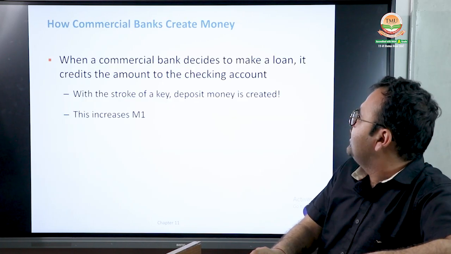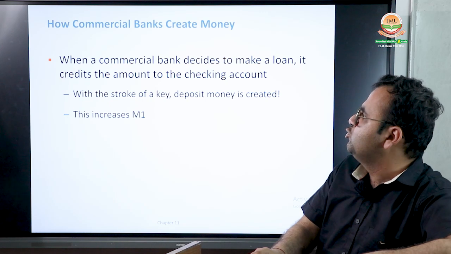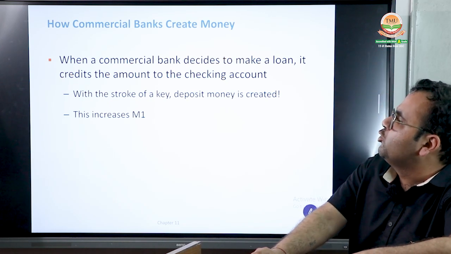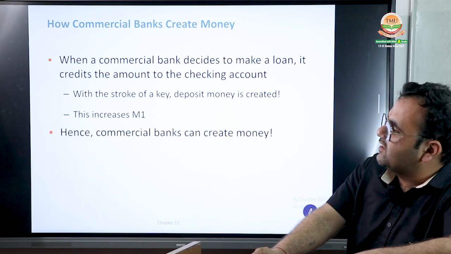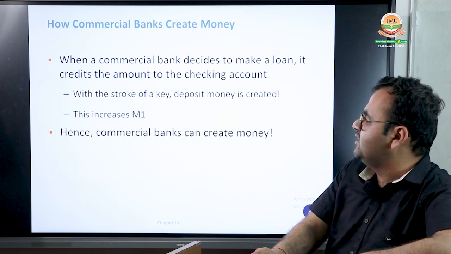When a commercial bank decides to make a loan, it credits the amount to the checking account with a deposit, money is created, and this increases M1. Hence commercial banks can create money.